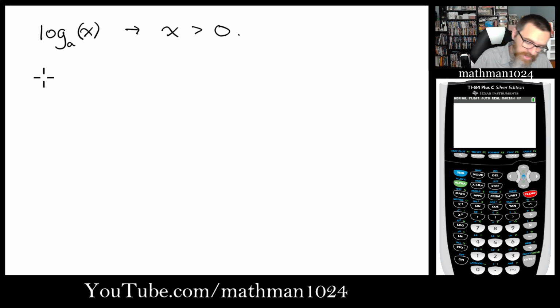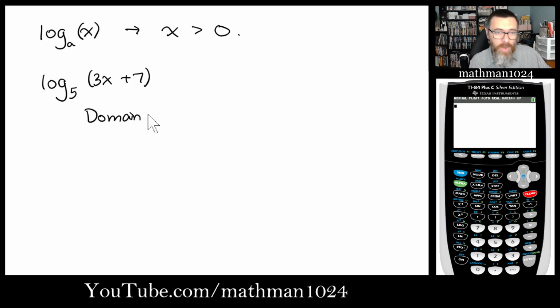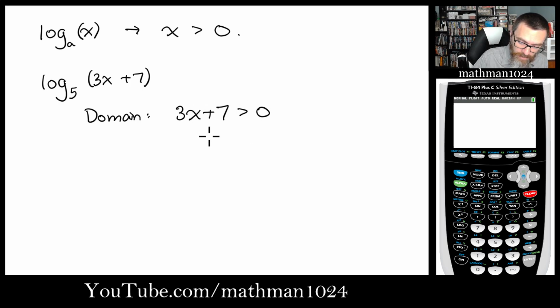So for the previous expression that I had, log base 5 of 3x plus 7, when I'm trying to talk about my domain, and especially in terms of solving an equation, the list of possibilities for my solution goes back to my domain. So for the domain, this is where 3x plus 7 is greater than 0.